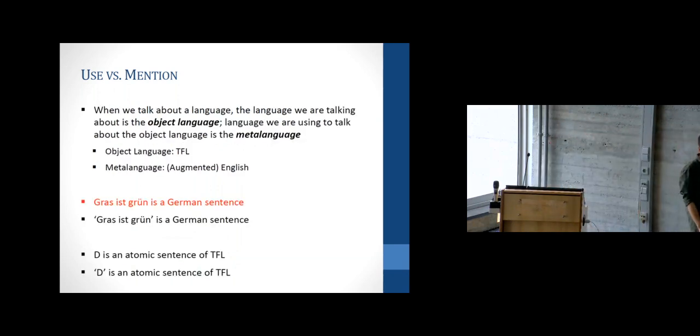Another important distinction in logic is between an object language and a meta language. Meta language, cool name. But what does it mean? We're studying a language now, right? Truth functional logic. The language that we're studying and investigating, we call the object language. The object language has signs like an arrow, and this and that, and parentheses.